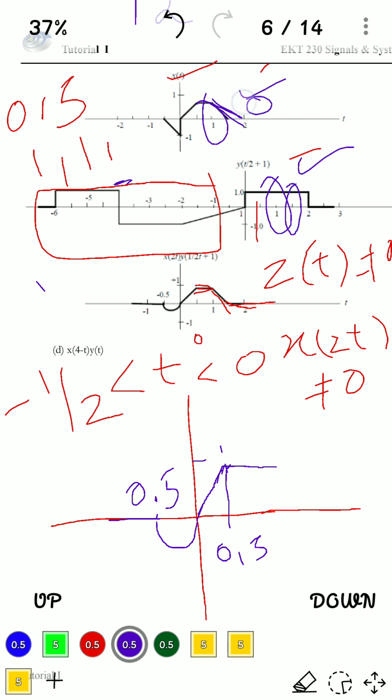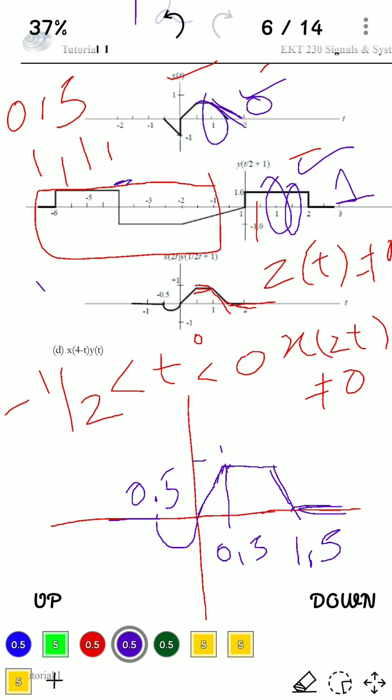So 0 into 1 is 0. So it is drastically decreasing to 0. This is my 1.5, and after 1.5 I don't find any other signal, so it is 0 and continues like this. This is the resultant signal, right?